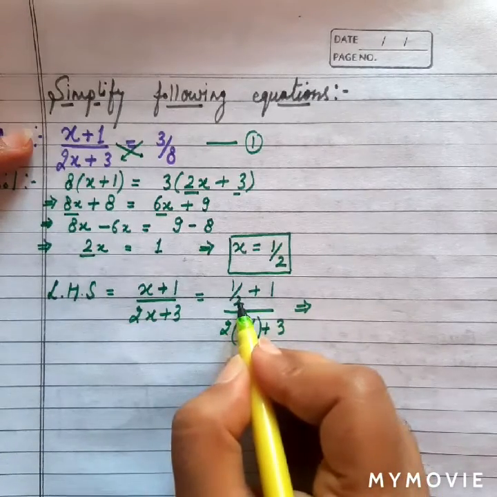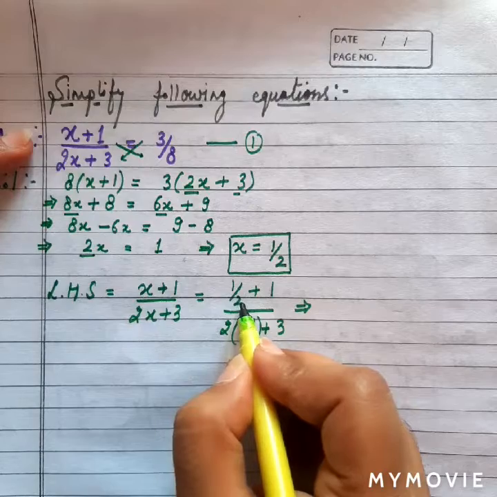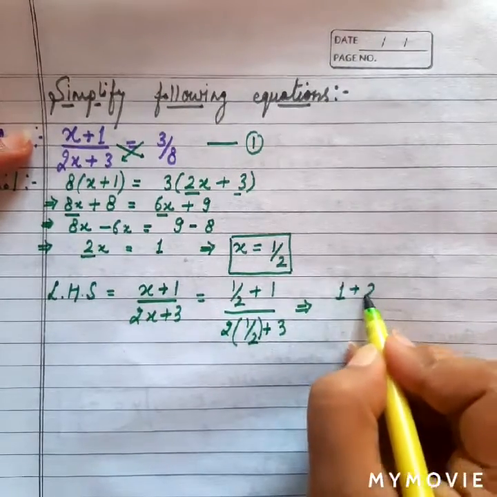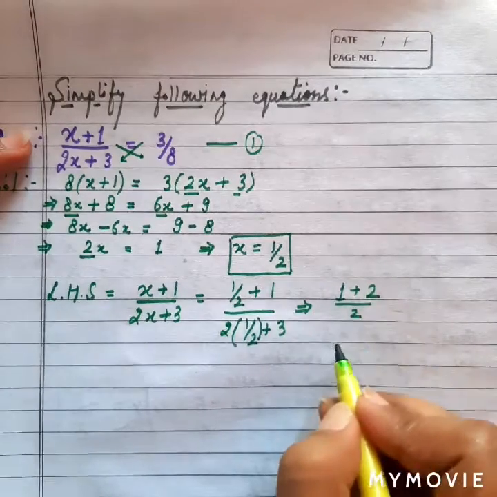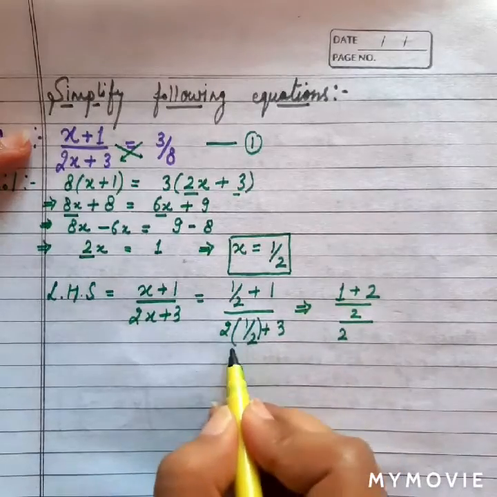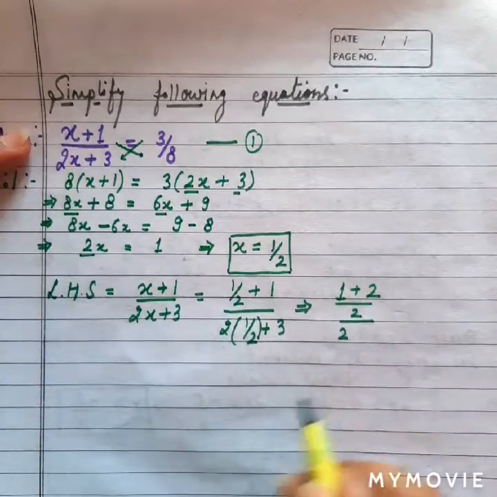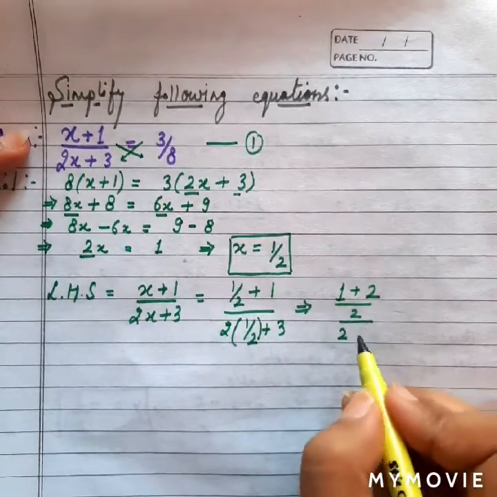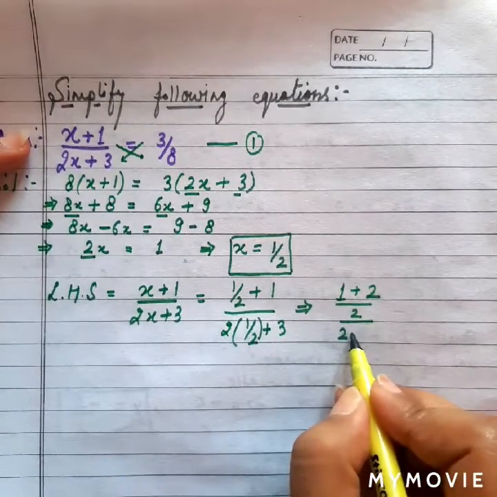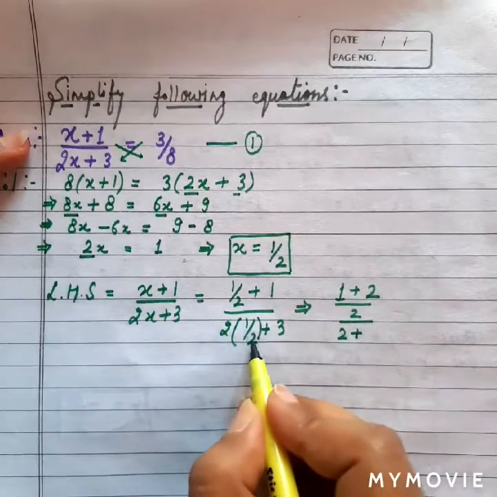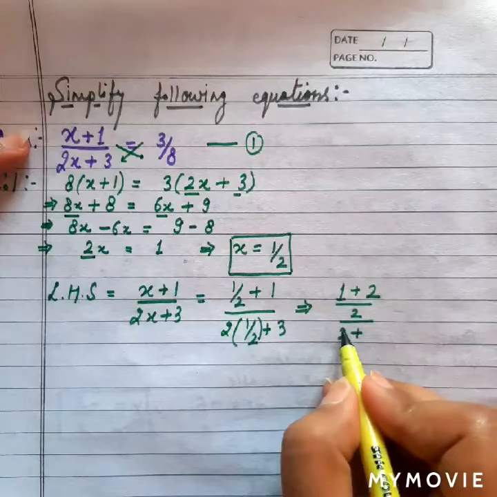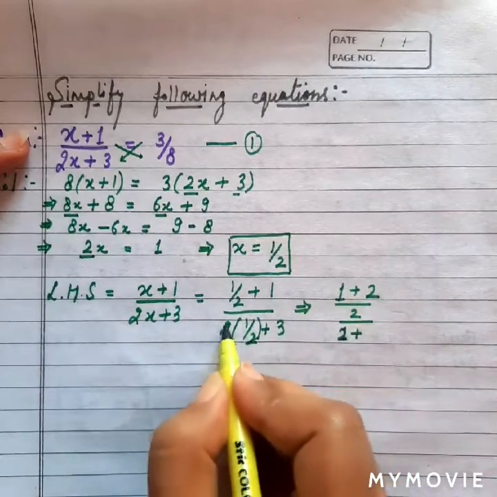Here 2 is the LCM. When we take 2 as LCM, 2 will be multiplied with 1, so this is 1 multiplied by 2 divided by 2, right? And in the same way you can cancel 2 with 2 also, but if you don't want to cancel it, you can simply write 2 multiplied by 1 plus 3 multiplied with 2, or you can say that I would like to cancel it, it would be better.